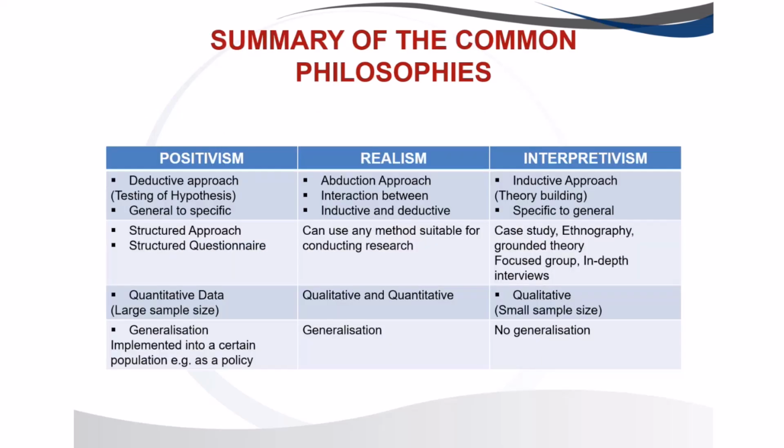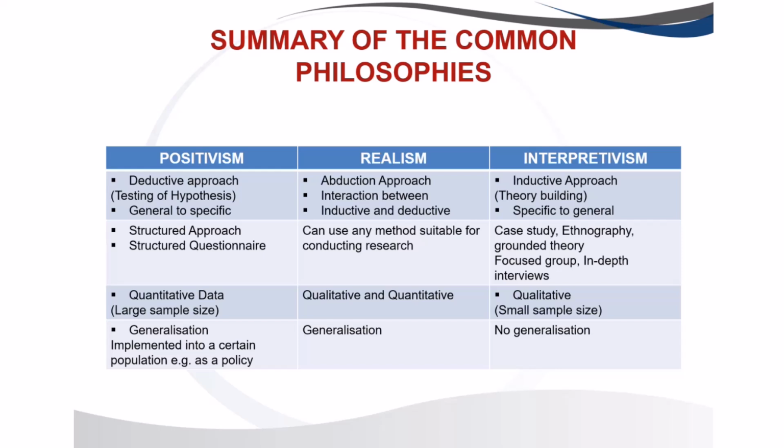Let's look at a summary of the common philosophies briefly. I'm not going to spend a lot of time here. We've spoken about the positivism philosophy, the realism philosophy, and also the interpretivism philosophy. We know that positivism is aligned to the deductive approach, and you can have a structured questionnaire there. You can also use quantitative data where you have a large sample size.